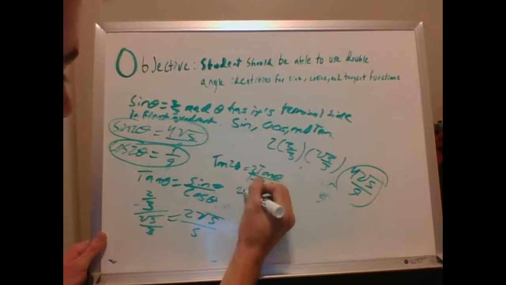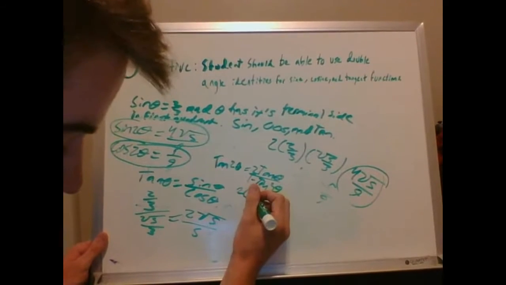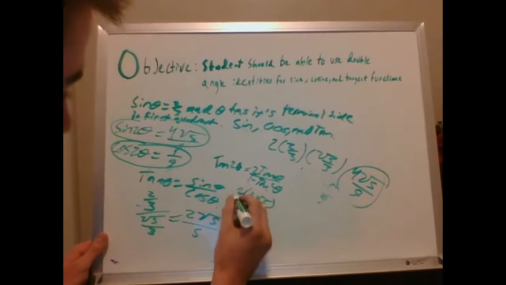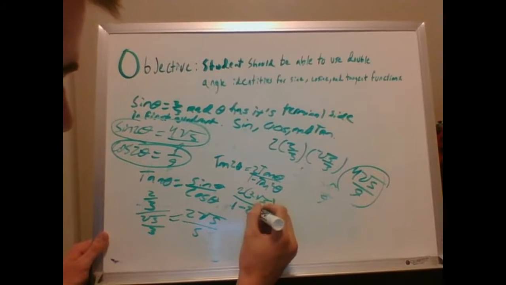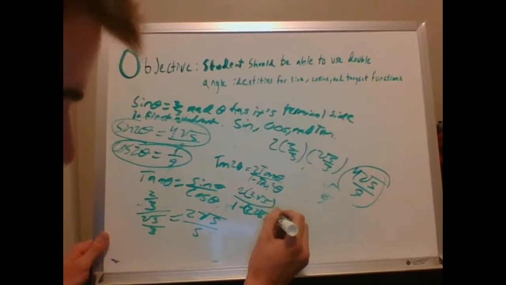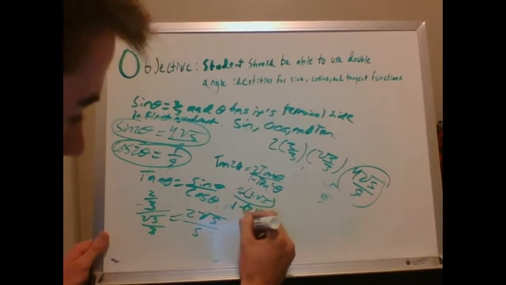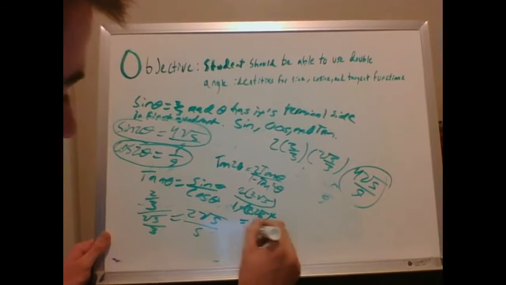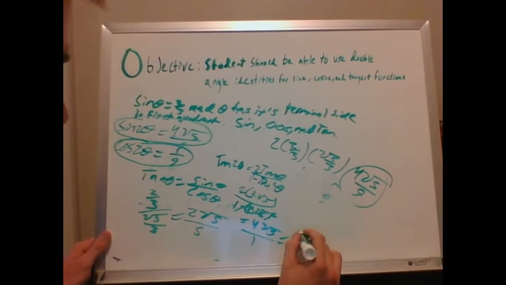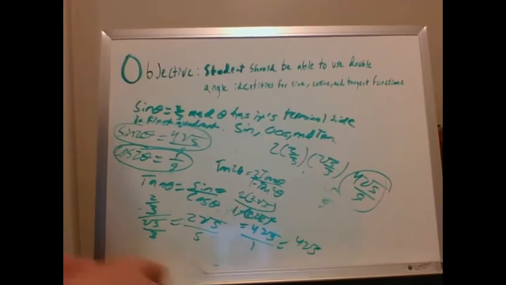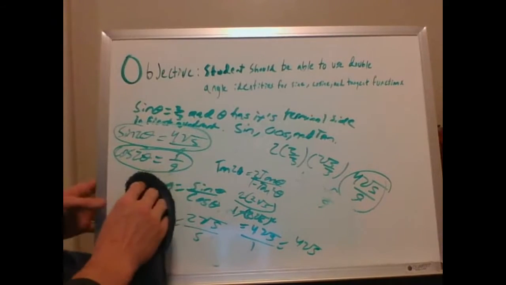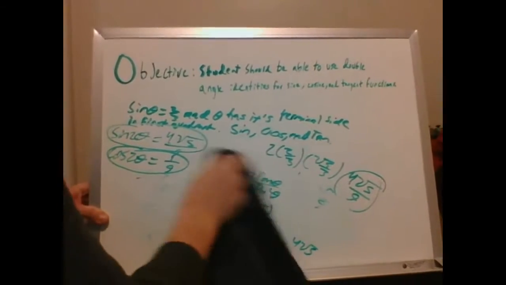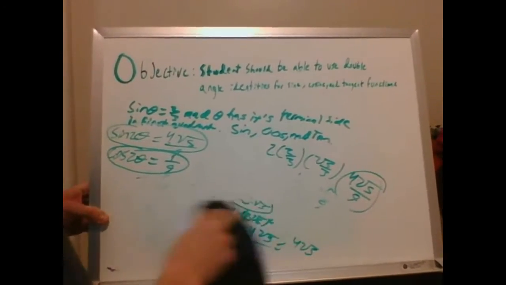And from there we'll just plug the tan theta into this. 2 times 2 square root 5 over 5, over 1 minus 2 square root 5 over 5 squared, which will end us with 4 square root 5 over 1, which is just 4 square root 5. Sorry, got a little crooked there. And so tan 2 theta equals 4 square root 5, and I'm going to erase this and write that final answer up here. So we will have all 3 of the answers that we needed.